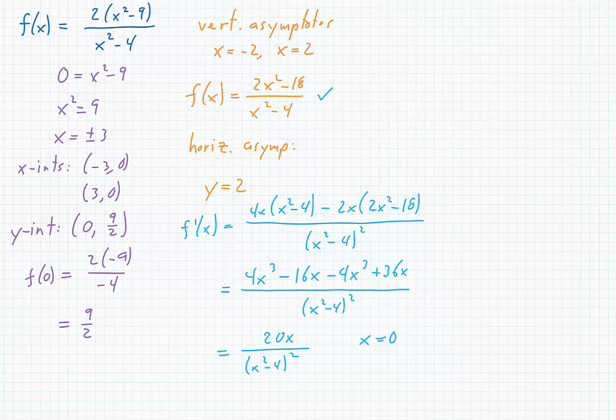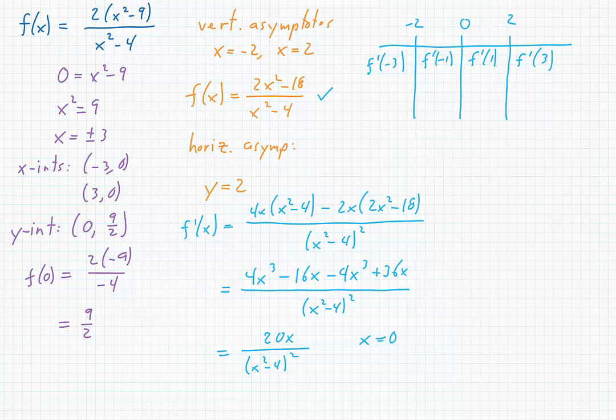So if we create a sign chart, we're going to need to consider negative 2, 0, and positive 2. And we'll look at the first derivative at a test value in each one of these intervals. So I will choose negative 3, negative 1, positive 1, and 3.